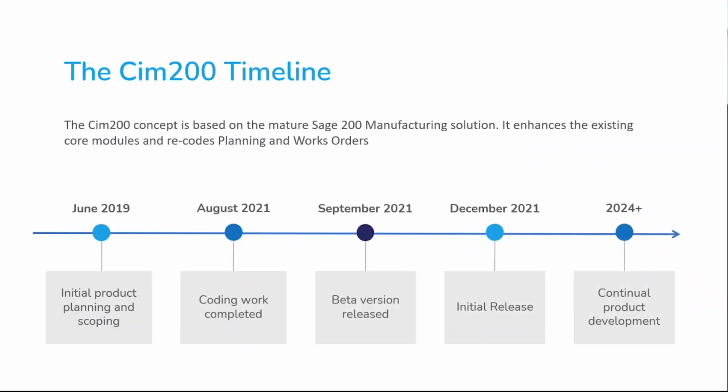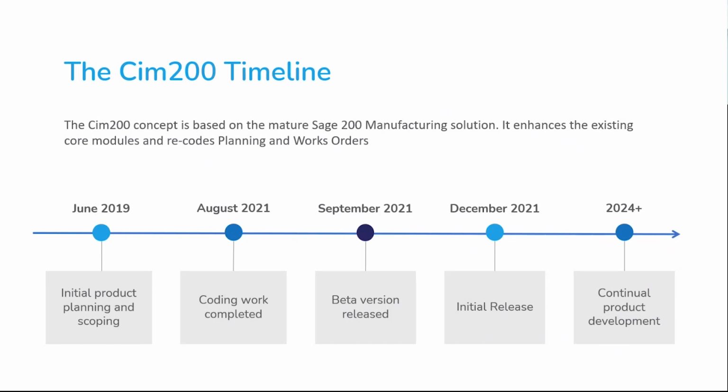CIM 200 came about when we noticed that Sage 200 manufacturing hadn't moved in a long time, and we were getting pressure from our customers. We started developing our own software solution, CIM 200, following the success of CIM 50, which is a manufacturing solution for Sage 50. We started planning and coding in June 2019.